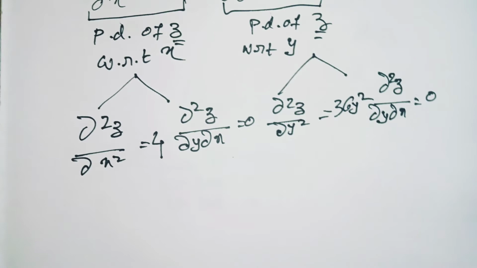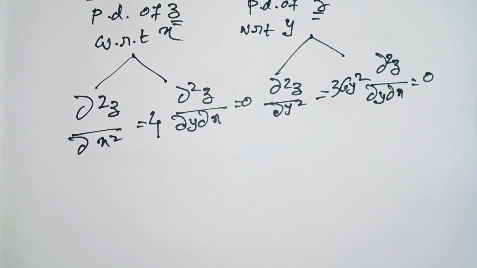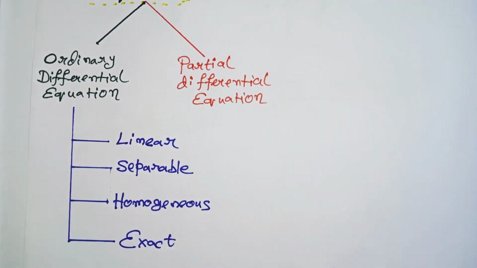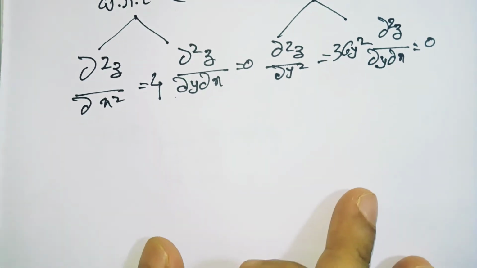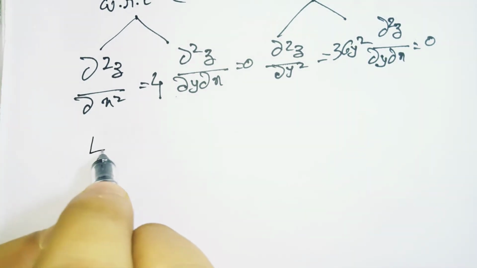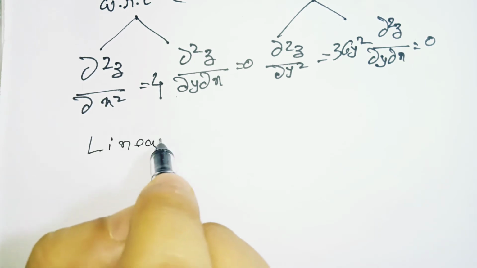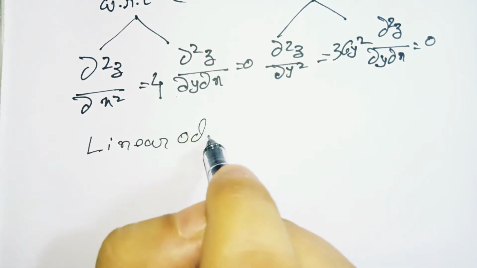equation. So what we have seen is that ordinary differential equations are basically of these kinds: linear, separable, homogeneous, and exact. So how does a linear ordinary differential equation look? I can call it a linear ODE, right?